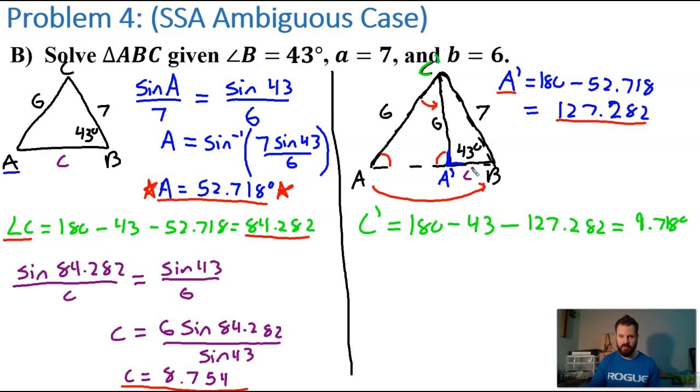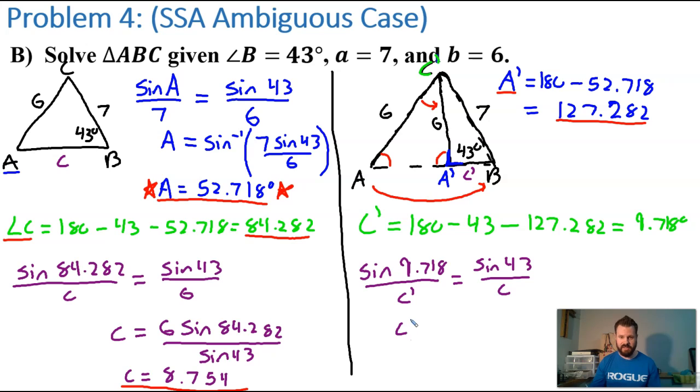And then to finish things off, we'll find the little c prime here. We'll set that up as sine of the new C, 9.718, over little c prime is equal to, we'll go back to the B's, sine 43 over 6, which we used in the first problem twice. Now we're using it here.